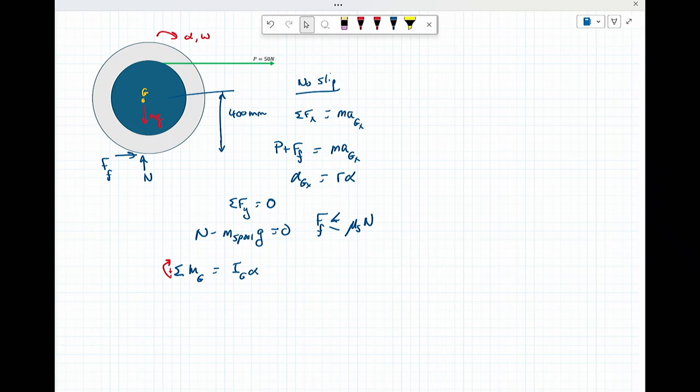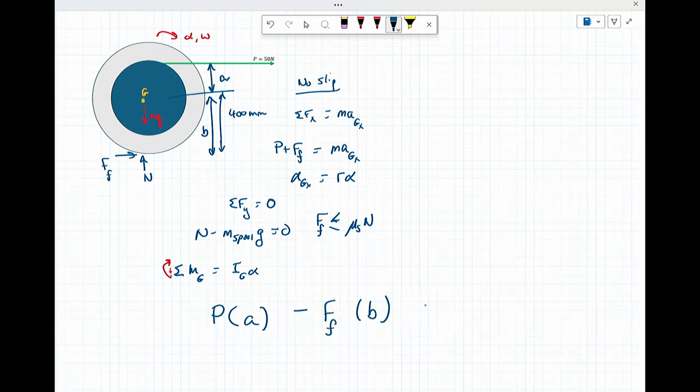Now, that's easy because P times A. I'm going to call that A, and B, because I don't like to be consistent in my notes, plus m k_G squared alpha, and there we go.